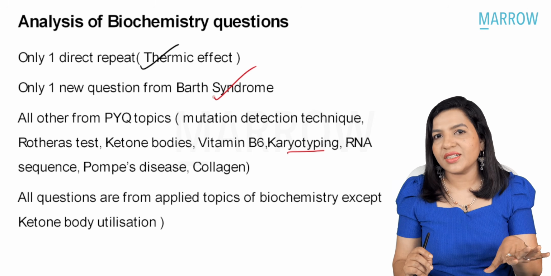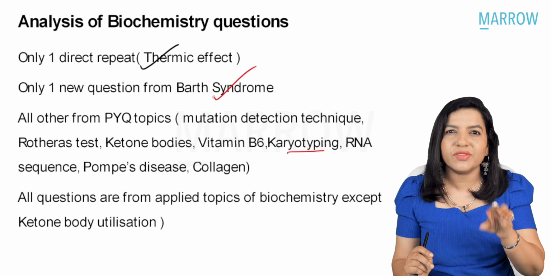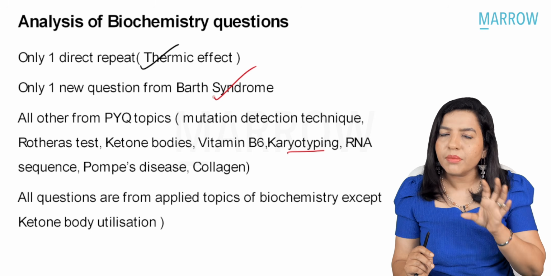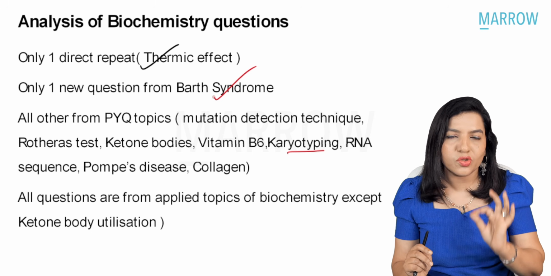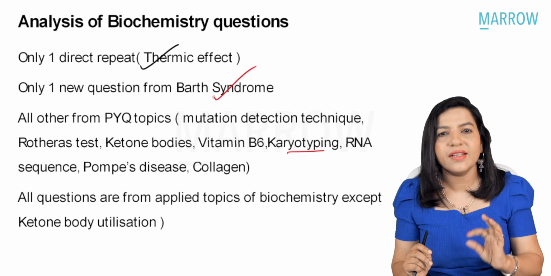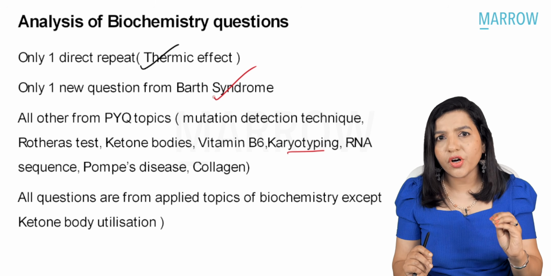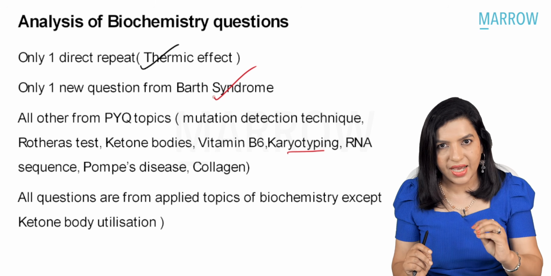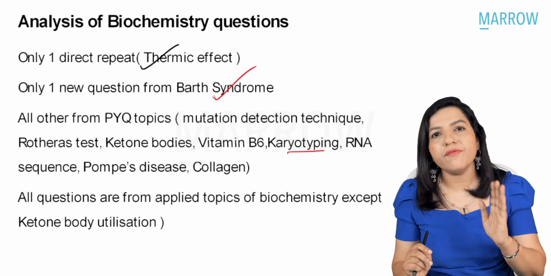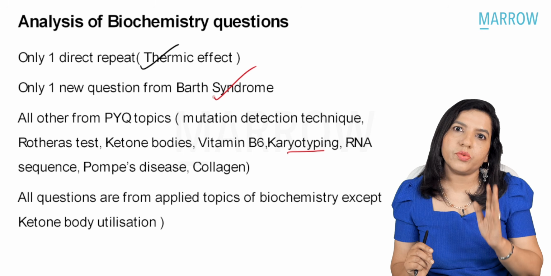That was a core biochemistry topic. So the take home message is that applied areas of every topic in biochemistry are important for INI-CET, and never miss any previous year question topics.